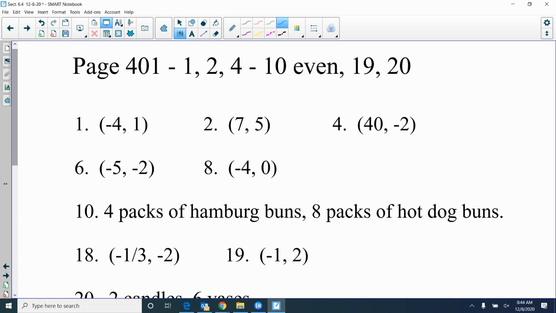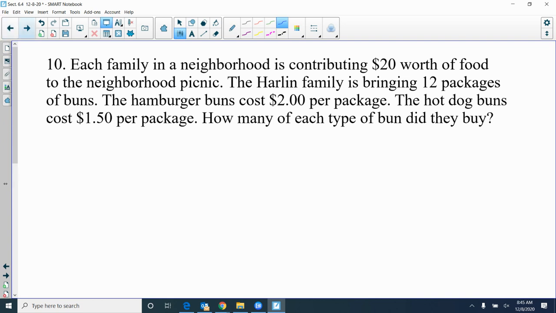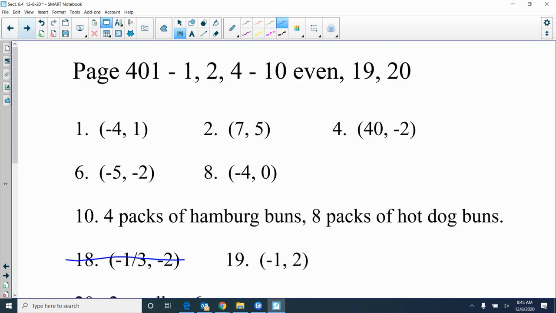You didn't have to do 18. How did you get -40? For 8, what'd you get? -11. Why do you want to break stuff? So that's a -3 minus 8. No. Really? -11.